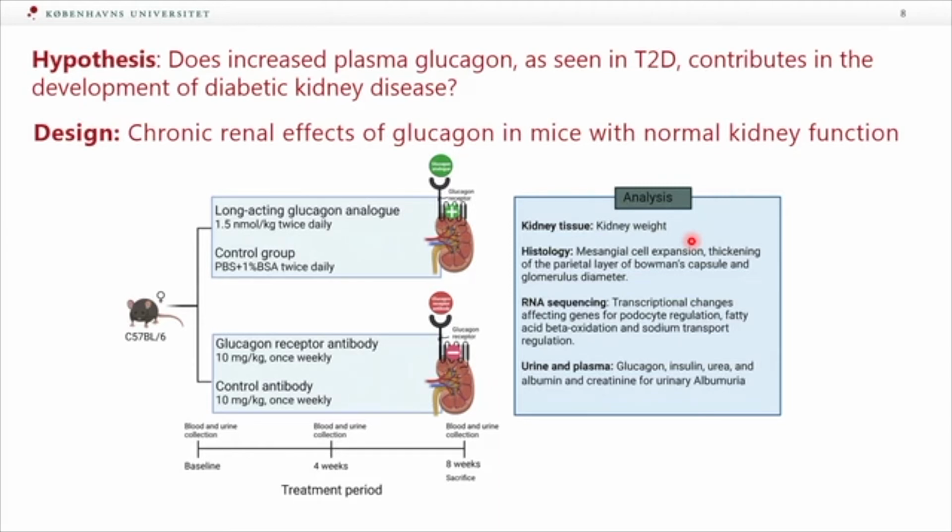And we wanted to look into different markers of diabetic kidney disease, such as urinary albuminuria, histopathological changes within the glomerulus, and transcriptional changes within the kidney tissue.